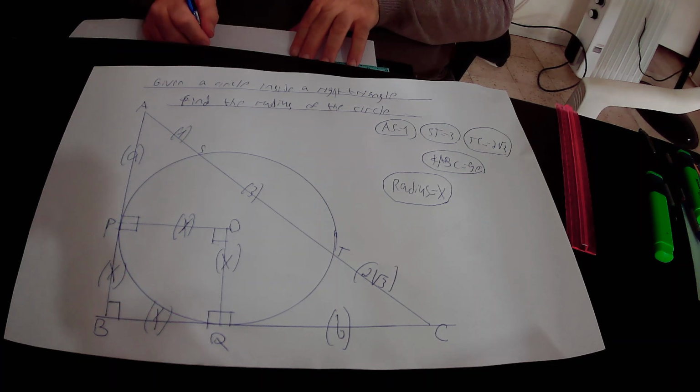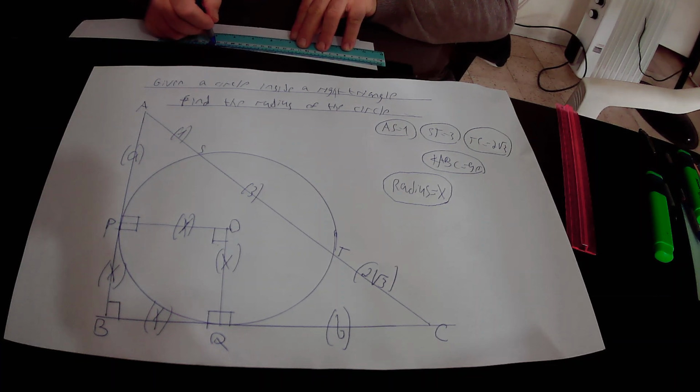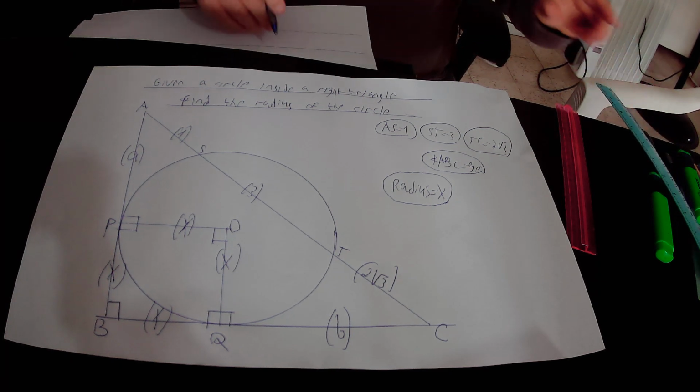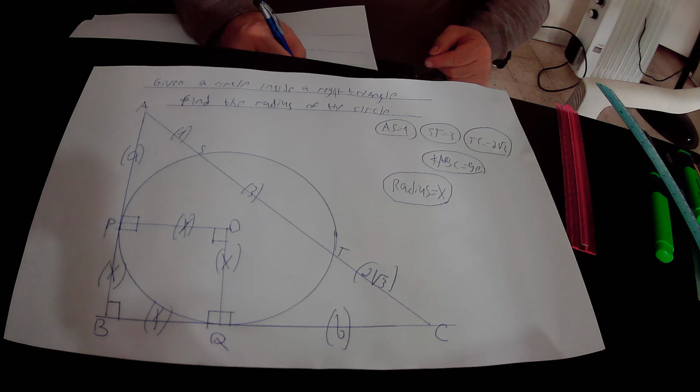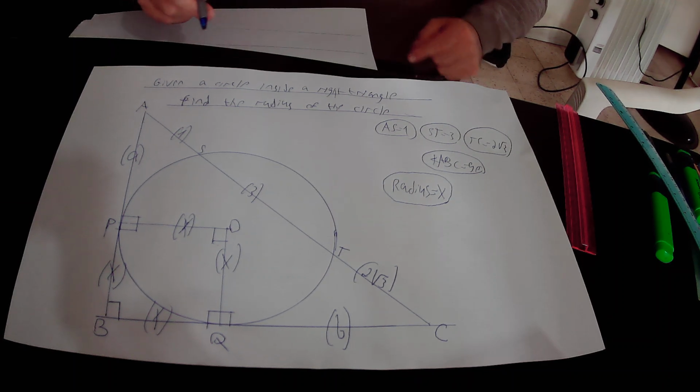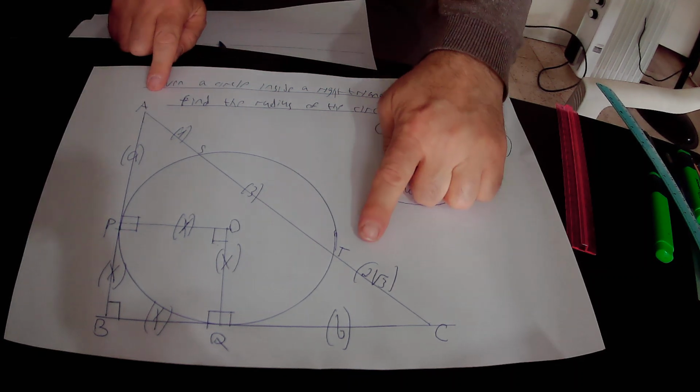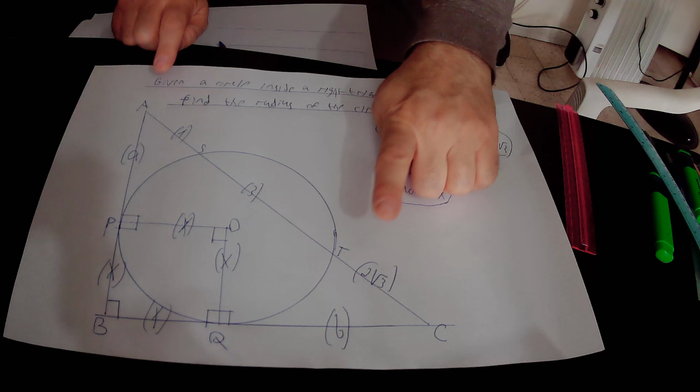Therefore, AP square equals A square, and it equals AS, which is 1, times AT. AT in total equals 1 plus 3.